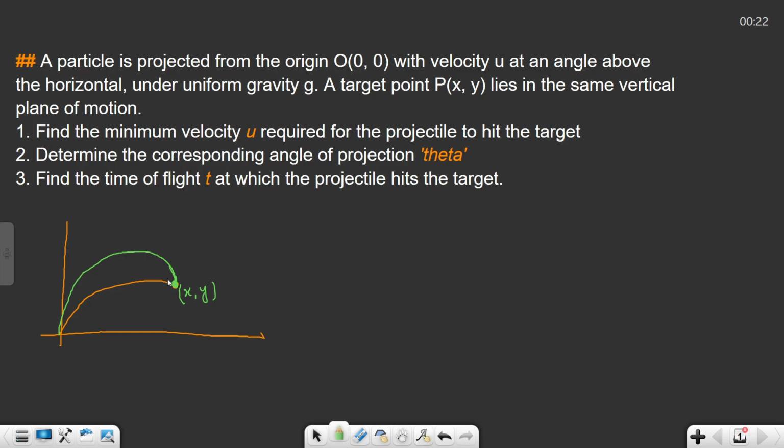Then we need to figure out theta, our angle of projection, that is, whatever angle we create with the horizontal line while throwing the object, and we will also need to find the time t that the particle takes to hit the target at point P.